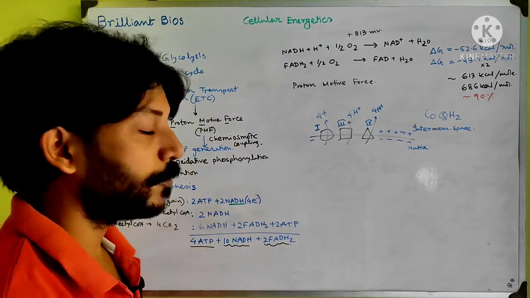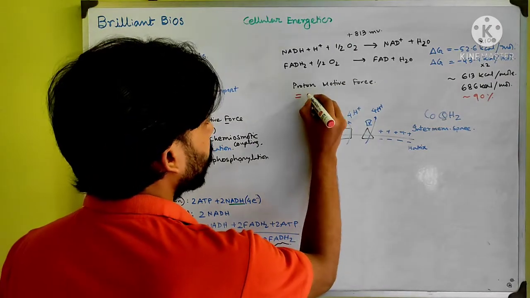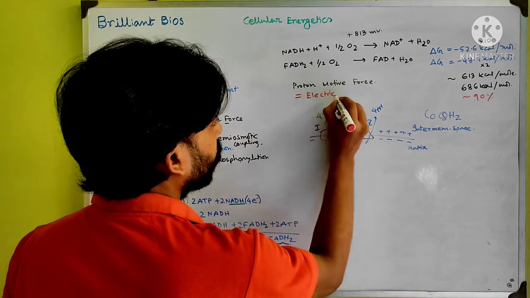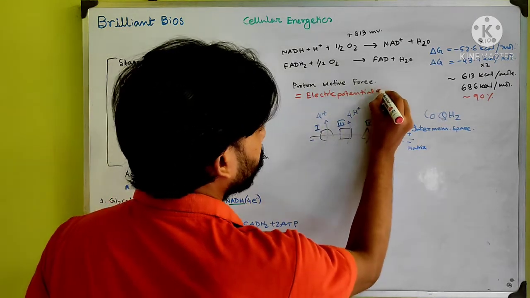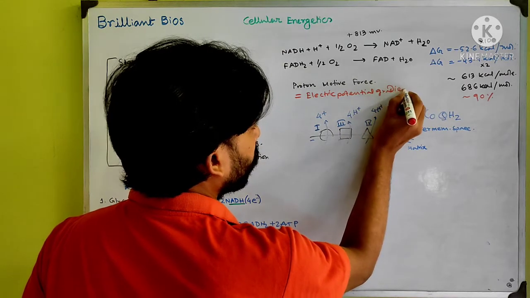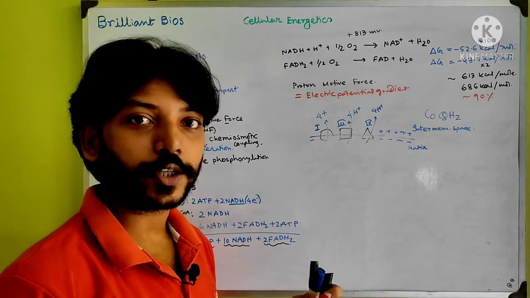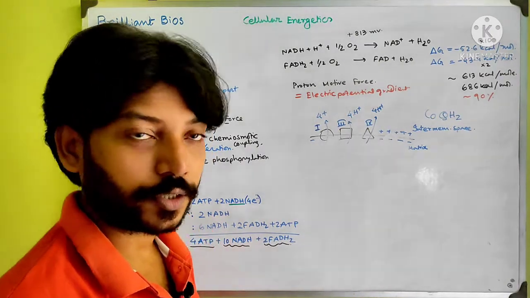So the proton motive force has 2 components. One is called the electric potential gradient, because we know that when protons or charged particles move from one side to another, it will generate an electric potential gradient.